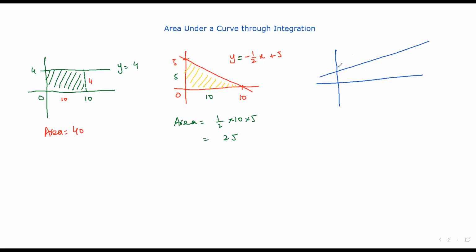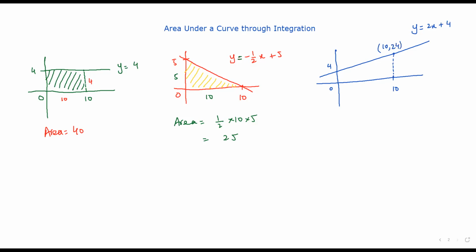Suppose the equation of this line is y is equal to 2x plus 4. You have 4 here, this is 0, and then suppose this is your 10 here. And this point is going to be 10 comma 24.